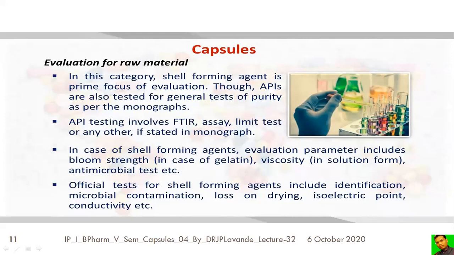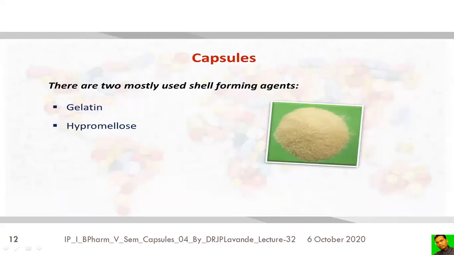As far as capsules are concerned, the most important is the shell forming agent, and the evaluation parameters here include bloom strength, in the case of gelatin. Viscosity, in terms of solution form, and the antimicrobial test, etc. So official tests for the shell forming agents include identification, microbial contamination, loss on drying, isoelectric point, and conductivity.